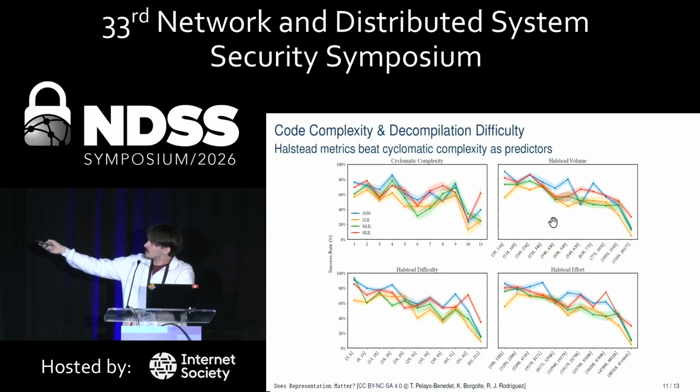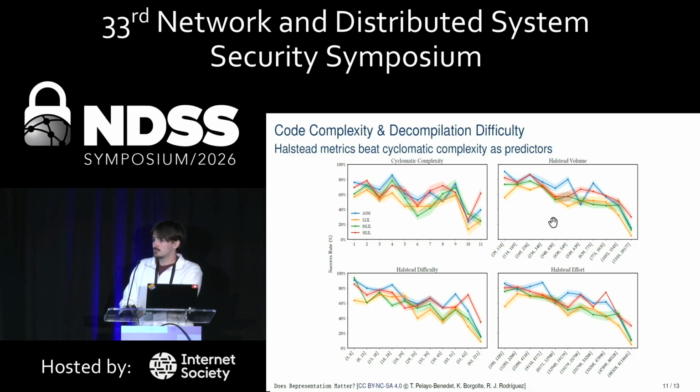It doesn't change much for the cyclomatic complexity. But did you run any statistical tests to verify? In this work, no, but in the future we are going to do it. Okay, thanks.